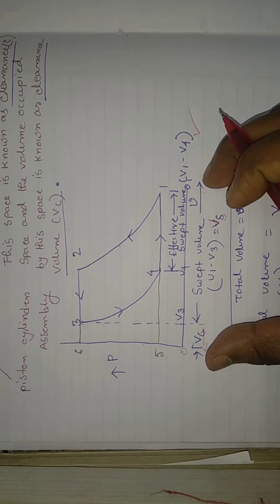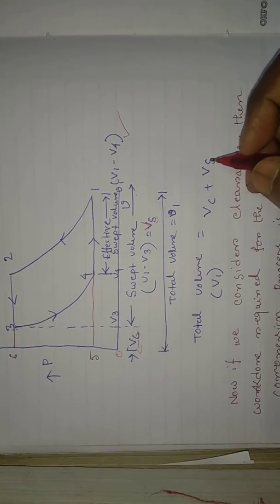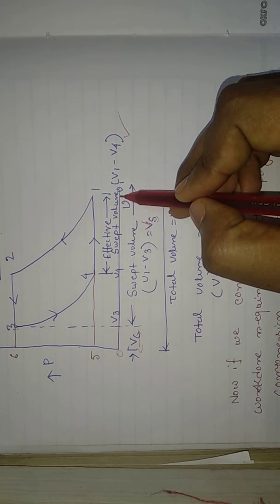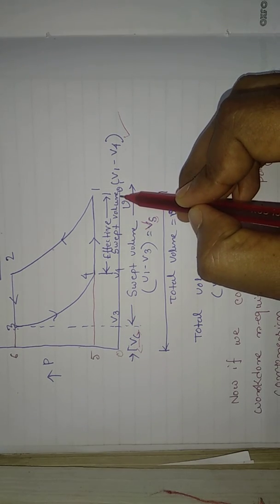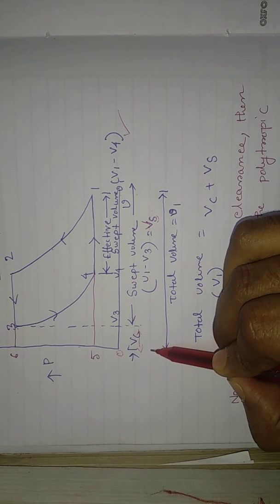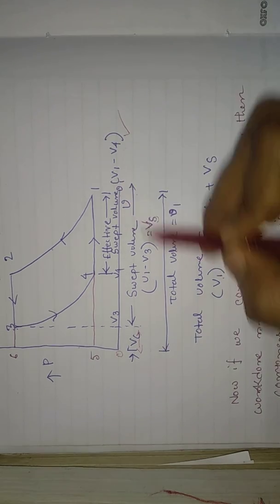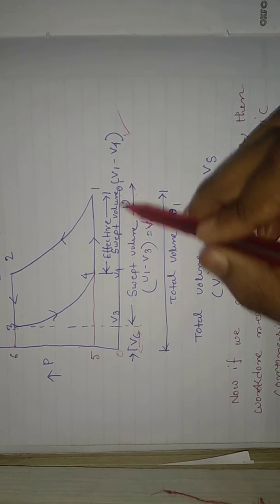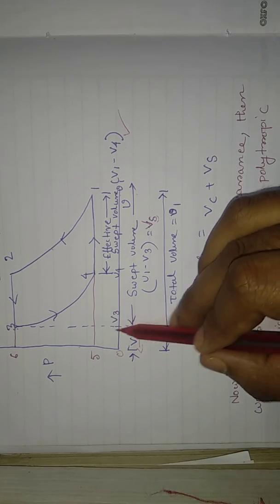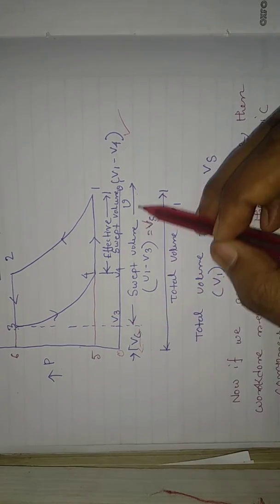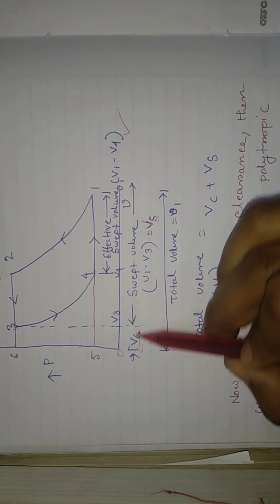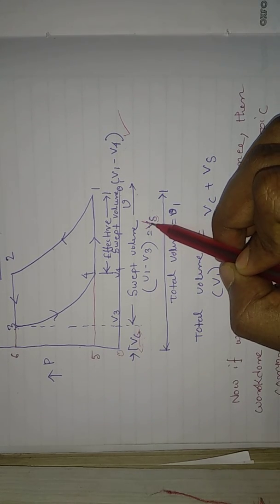So the total volume V1 is the summation of swept volume plus clearance volume. Here this is 0, this is V3, which is sometimes called Vc. So V1 is equal to Vc plus Vs, clearance volume plus swept volume.